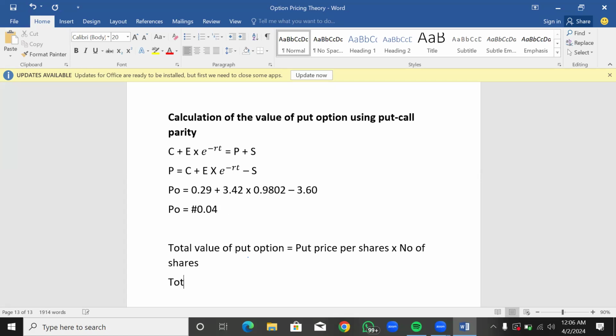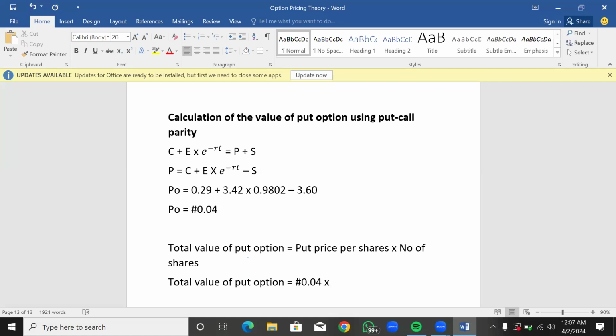Let me just copy and paste, I'm tired of typing. So now equals to what's my put price per share? 0.04.